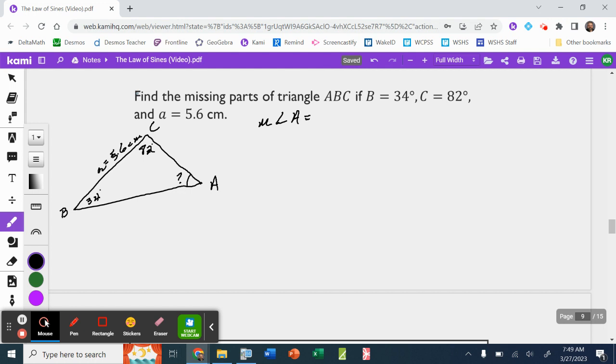Well, to do that, I'll just take 180 degrees minus the sum of the two angles that are given, 34 degrees plus 82 degrees. And I believe that's 116 degrees.